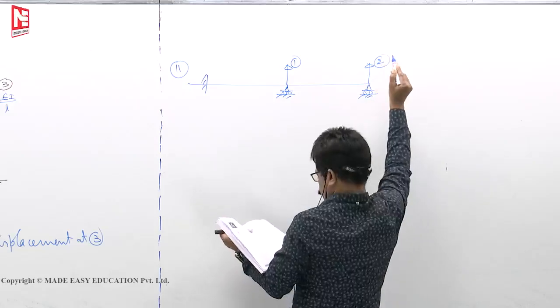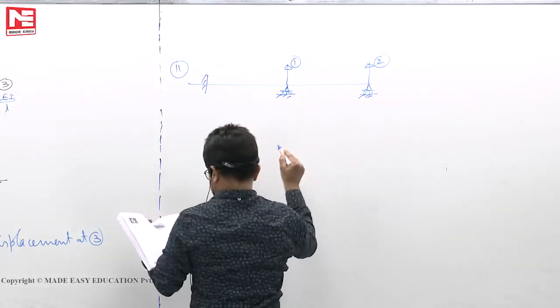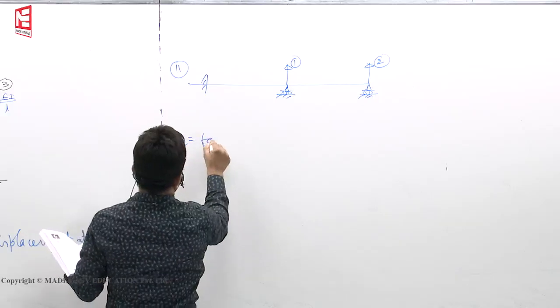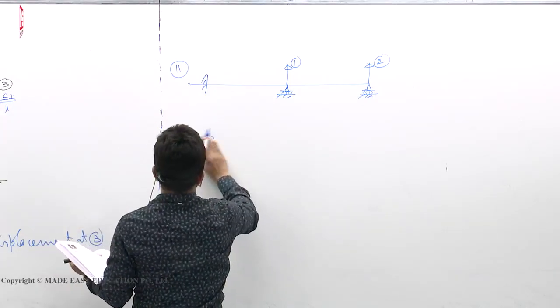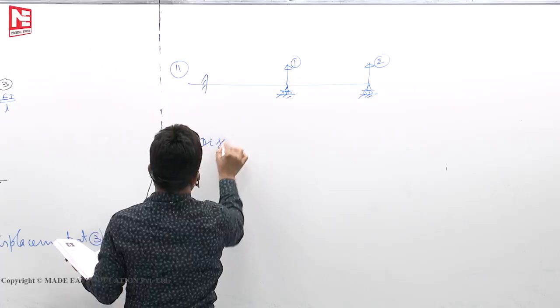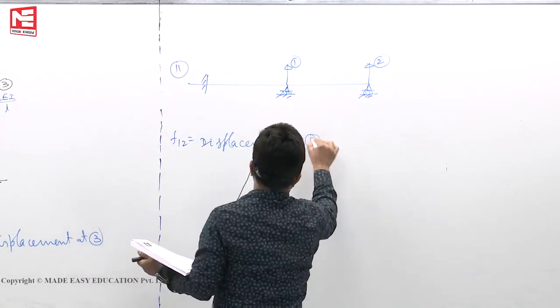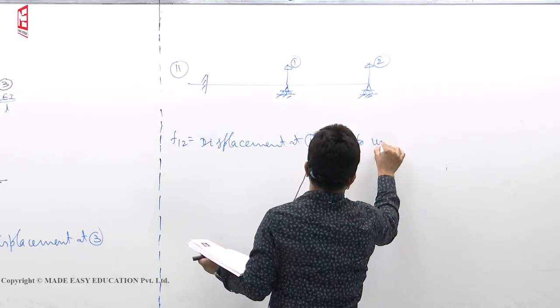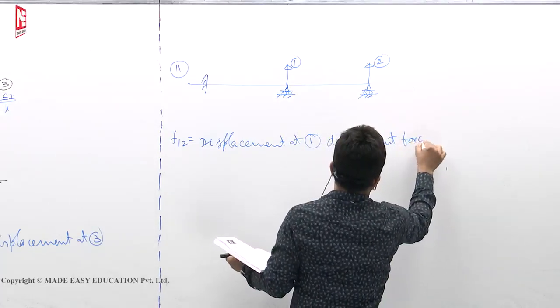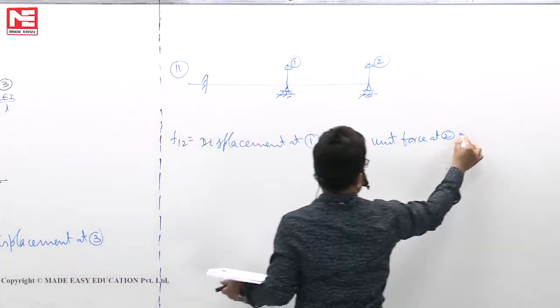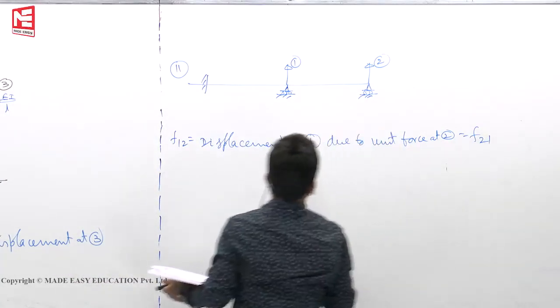Coordinate 2. Okay. He is asking F12. Displacement at 1 due to unit force at 2 is nothing but K21, which is also equal to F21.